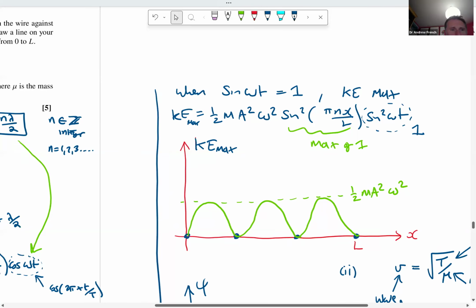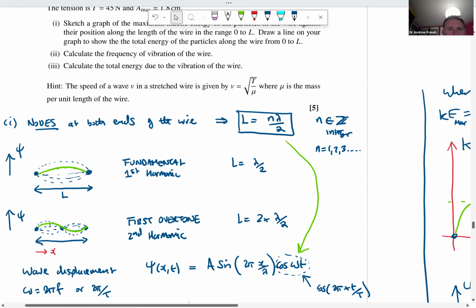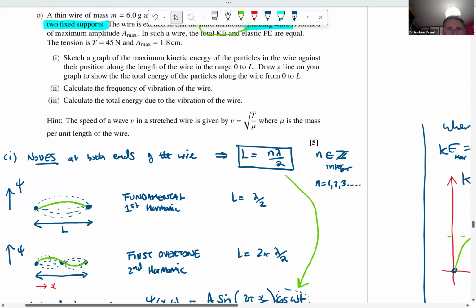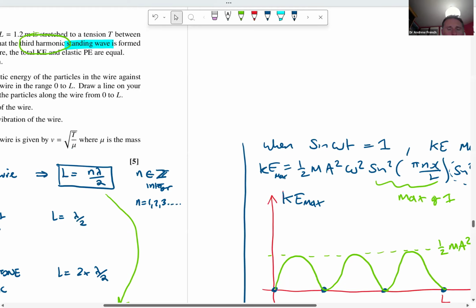That's interesting actually. So do we want the total energy due to the vibration of the wire? We're told total kinetic energy and elastic potential energy are equal. Of course, we're converting from one to the other. So you probably want the average of those, so let's have a little look and twice it.